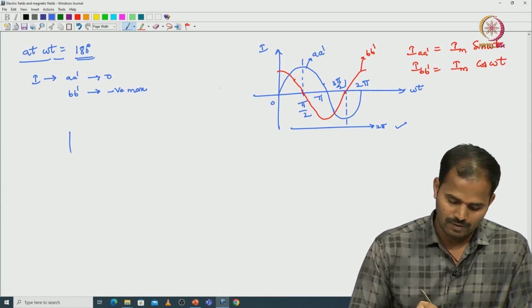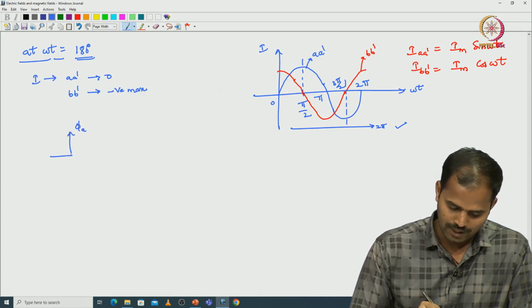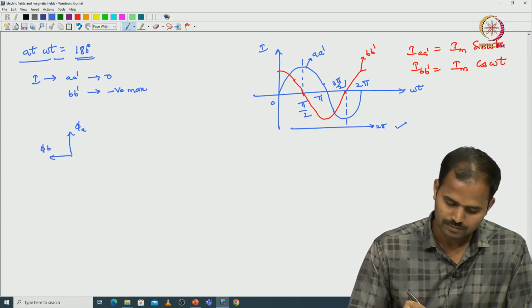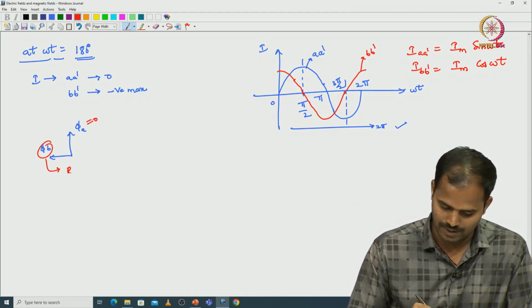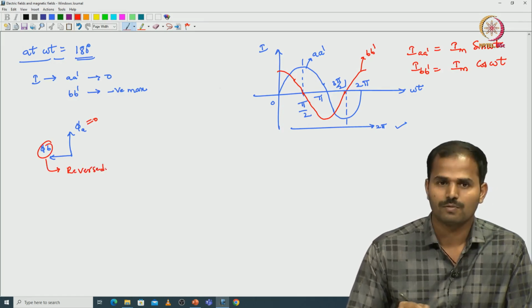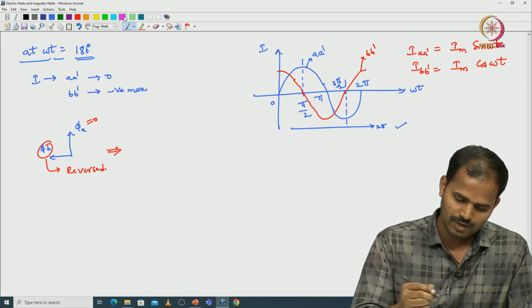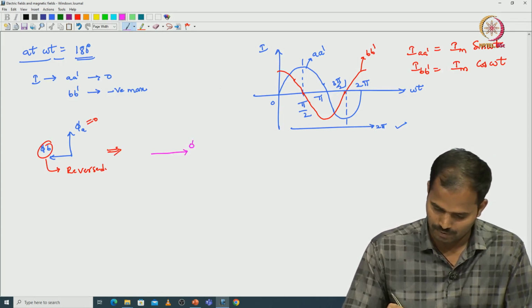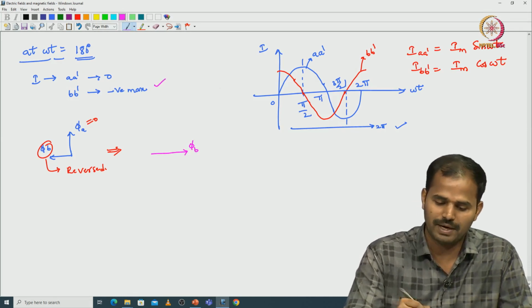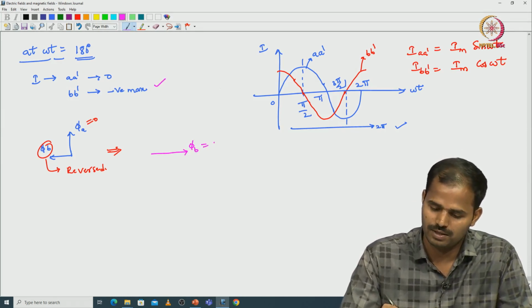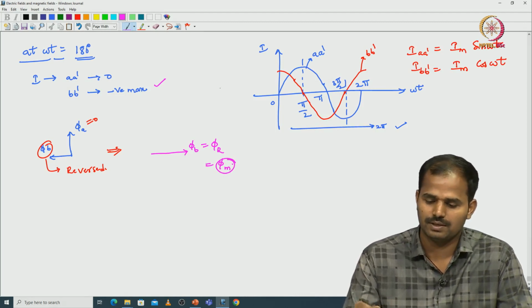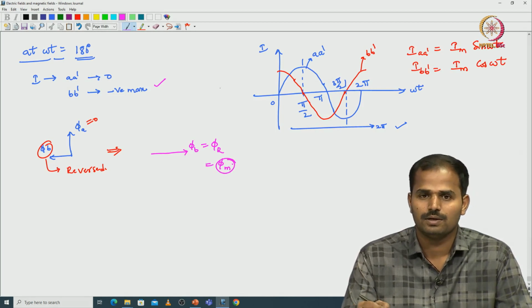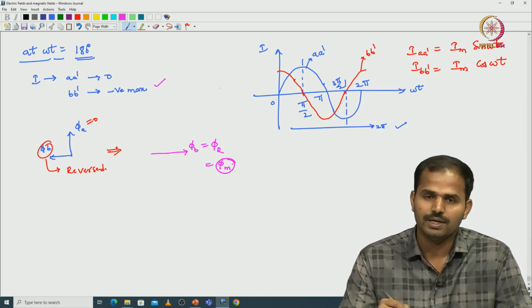So, here our reference phi B and phi A are in this manner. Now, phi A equals 0 and the phi B vector is reversed. Then the resultant vector will be in this manner. This is phi B with respect to the negative maximum current, and phi B is nothing but the resultant flux vector, and the magnitude is phi m, because the vector is in an opposite direction. So, phi m we can consider, but the direction is in an opposite manner.